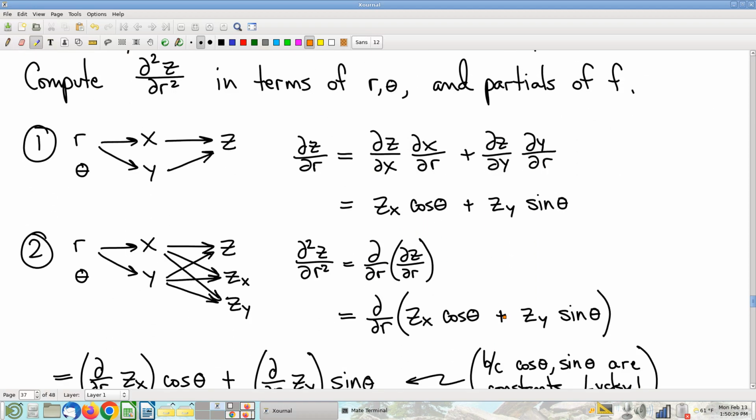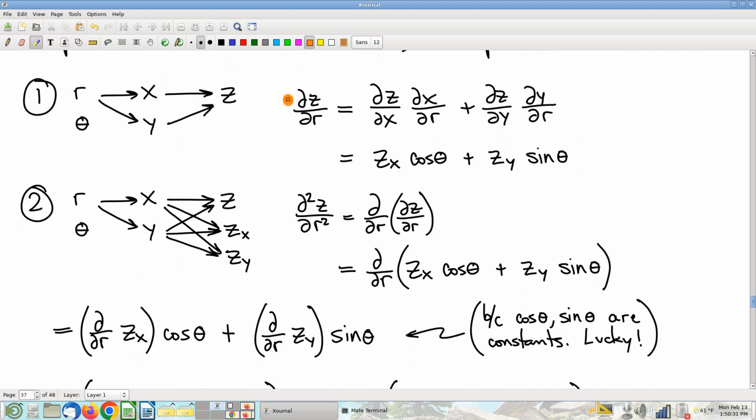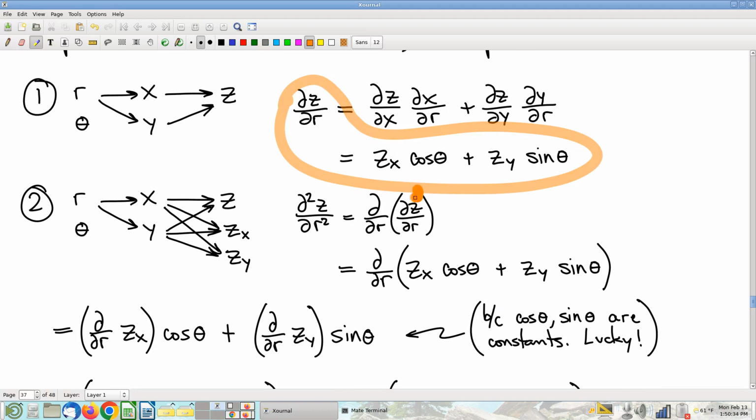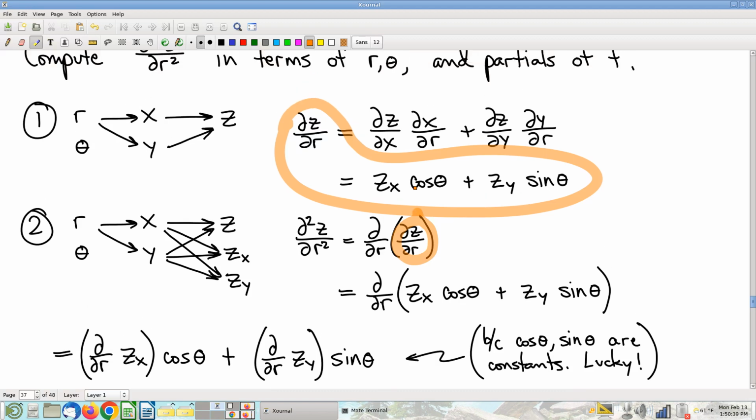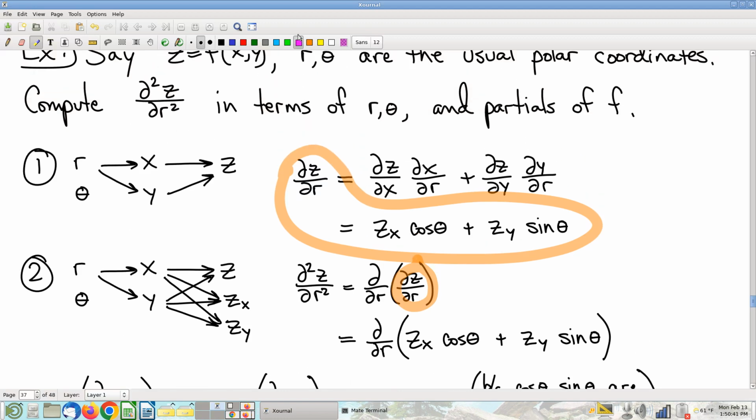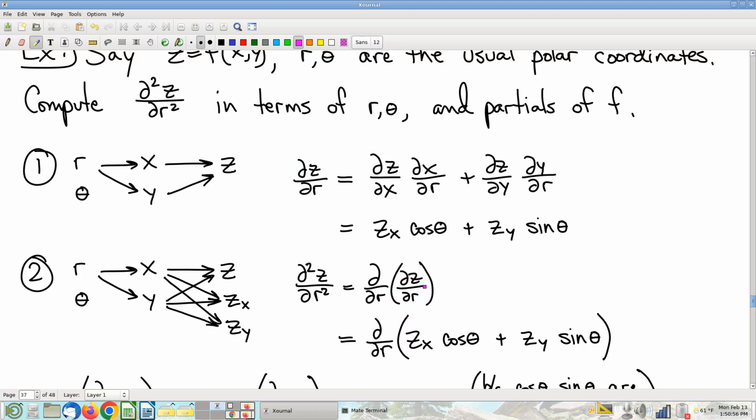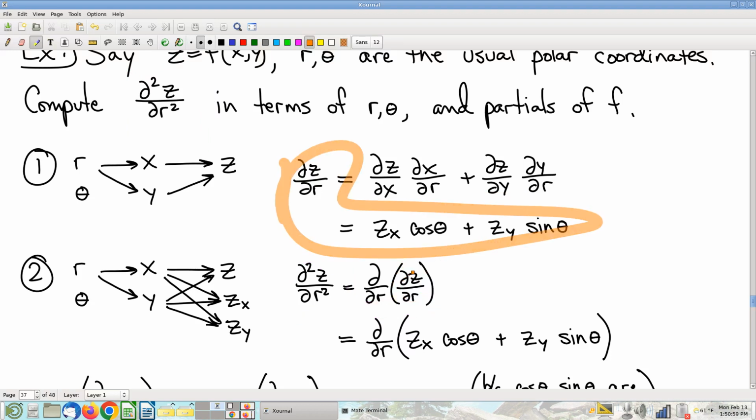Okay, so now, next, I want to take this partial of z with respect to r that we just computed. In order to compute the second partial I was asked to compute, notice I'm just going to take the r partial of the existing r partial that I already have. Okay? A couple of parts of this are no big deal. Keep in mind, we already have that, so let me just substitute in what we already know for partial of z with respect to r.